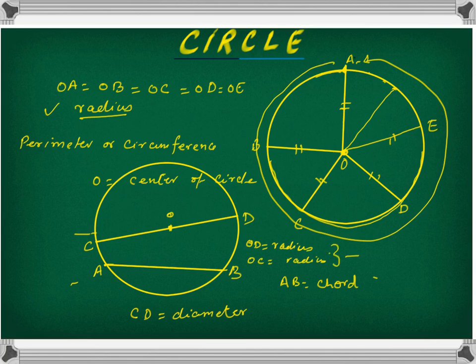So from this we can conclude OD equal to OC. Okay, so again we can conclude here radius equal to diameter by 2, or diameter equal to 2 times radius, okay. So now we will talk more about the circle.